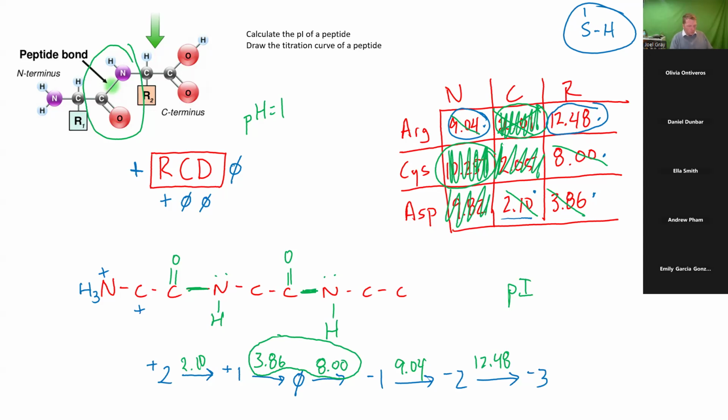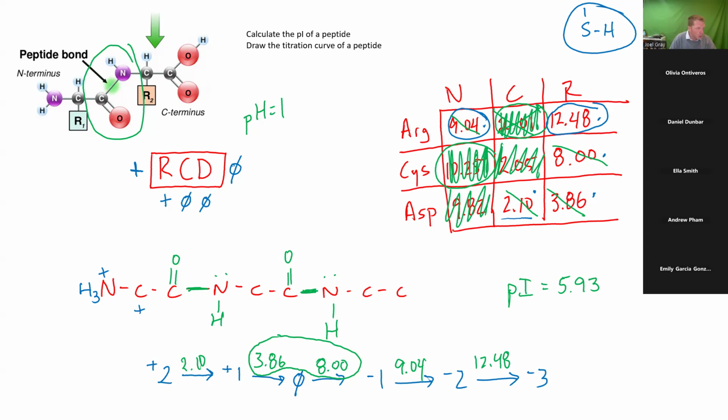So that means 3.86 and 8.00. 3.86 plus 8 equals 11.86. I'm going to divide that by 2, and that will give me 5.93. Okay, now at a pH of 5.93, 100% of my molecule will have a net charge of 0.